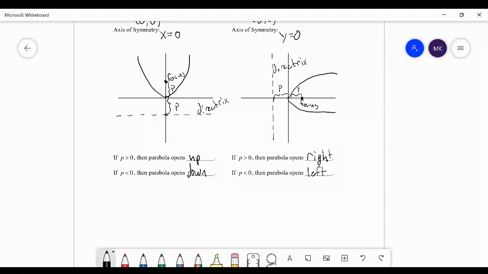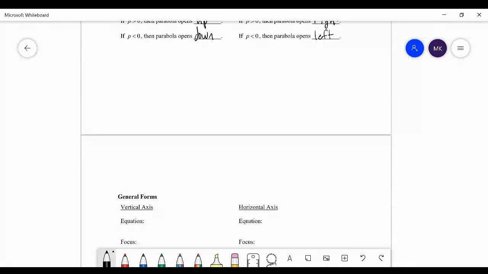Similarly, with a horizontal axis parabola, the positive values are on the right side and the negative values on the left. So if p is positive, it's opening to the right. If p is negative, it's opening to the left. And so right now we can get some nice information from this.